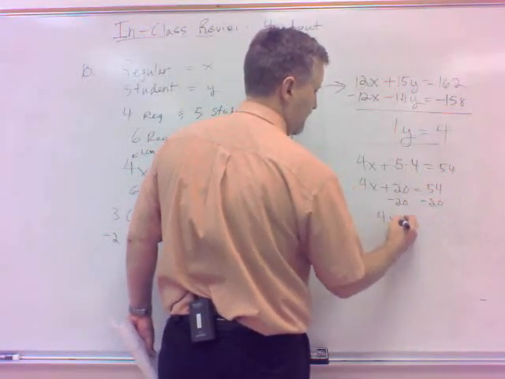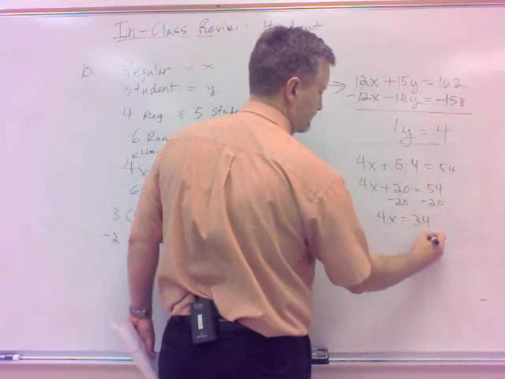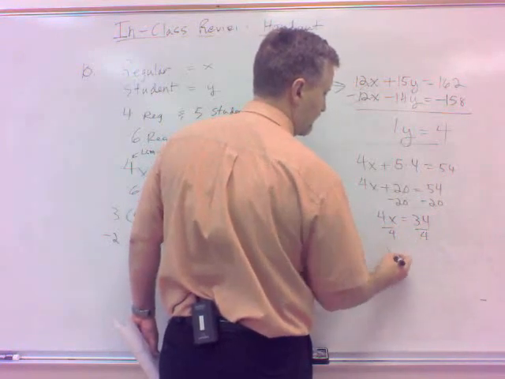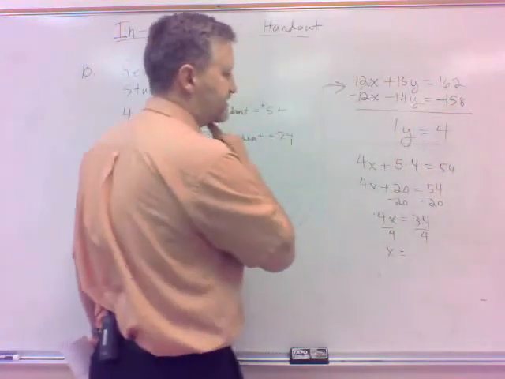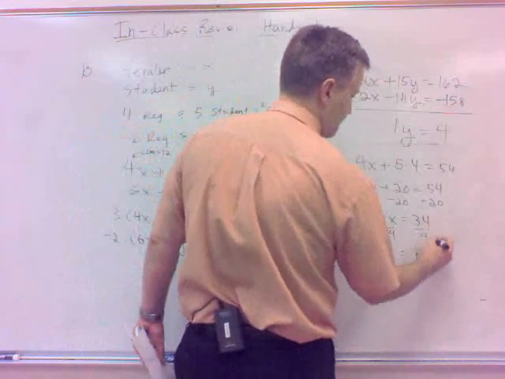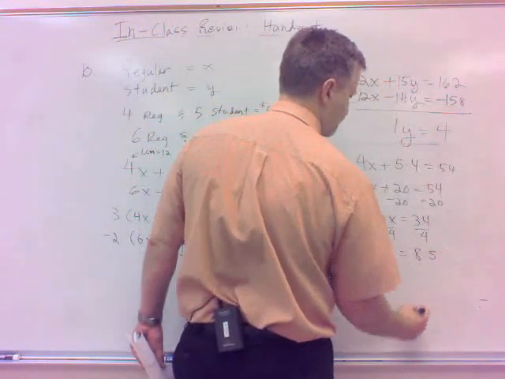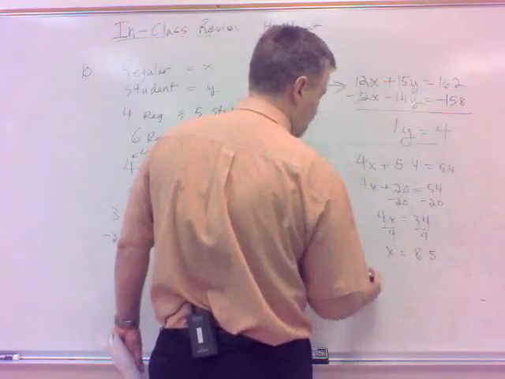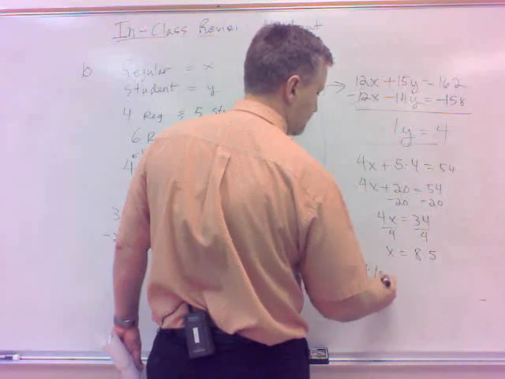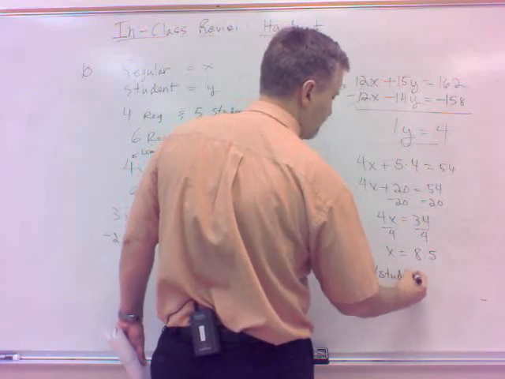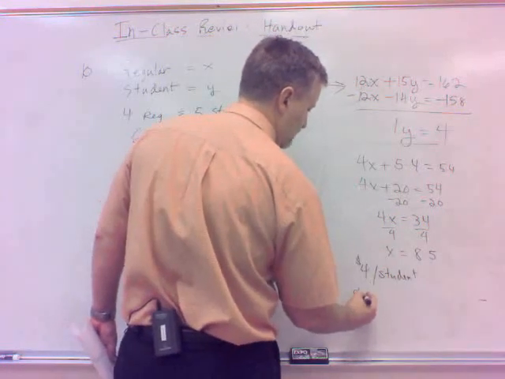Subtract 20, so 4x equals 34. Divide by 4. And so x is, it's going to be 8 point something, 8.5. So we got a $4 student price and an $8.50 regular price.